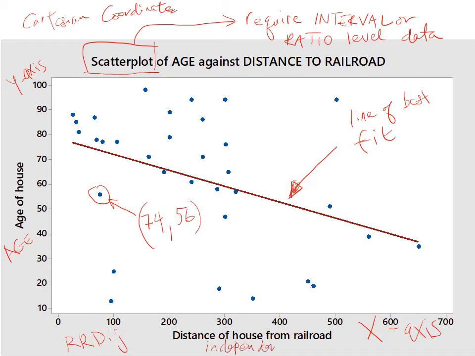We think that the distance from the railroad is what explains how old the house is. So age of house is our dependent variable.